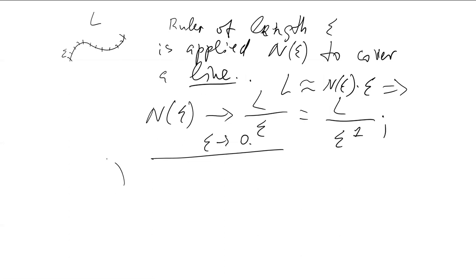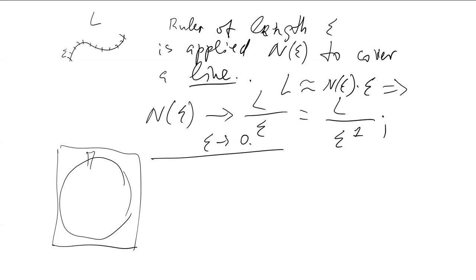Now assume we have a shape on the plane. Now we will cover it. So we cover the whole plane by small squares of size epsilon.